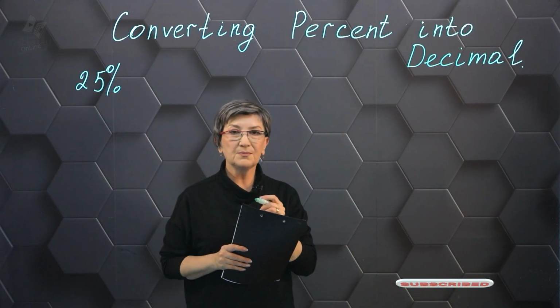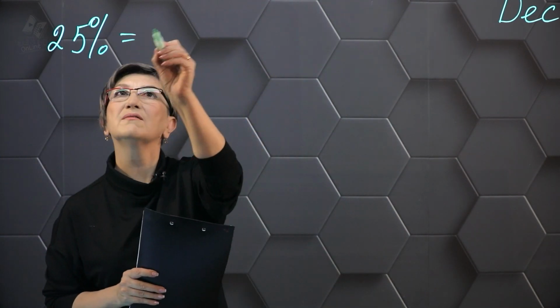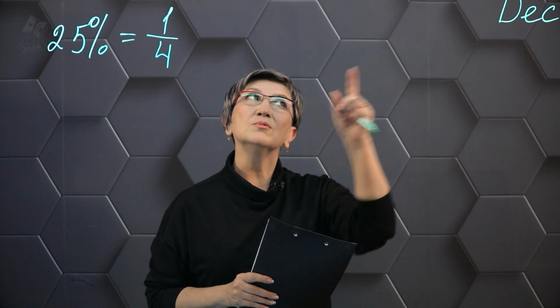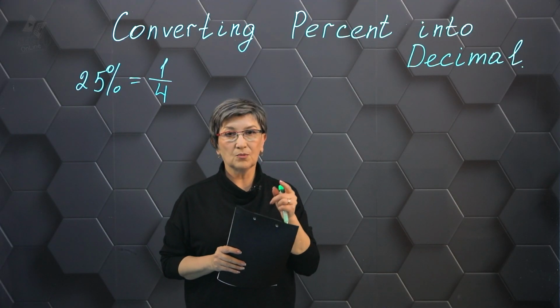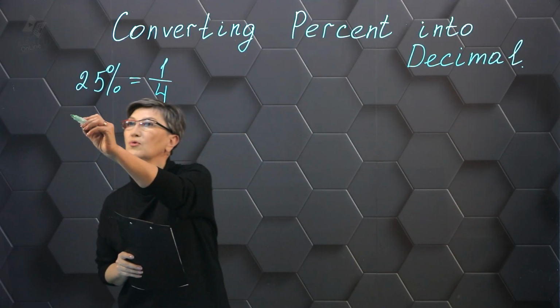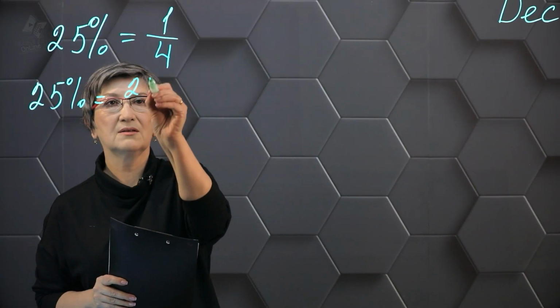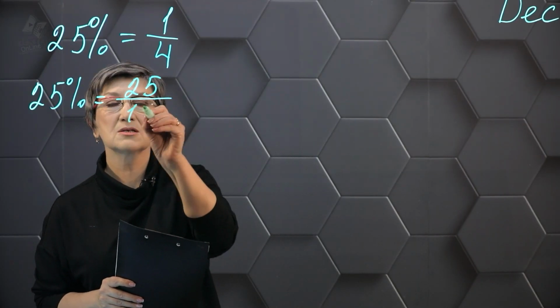So, 25%. Now in this case, of course, we can write 25% as an ordinary fraction. As a fraction, it is 1/4. But we need a decimal fraction, so we're going to do it a little bit differently. We'll write 25% as 25 divided by 100.